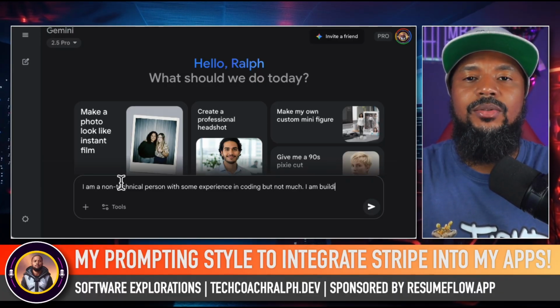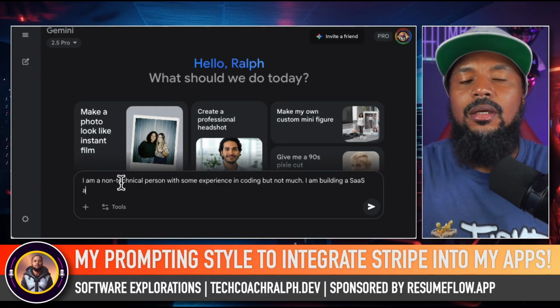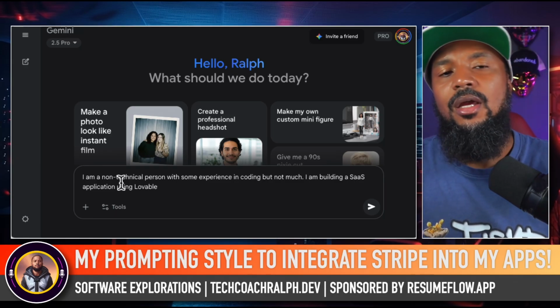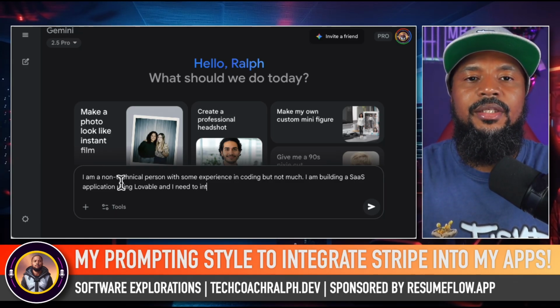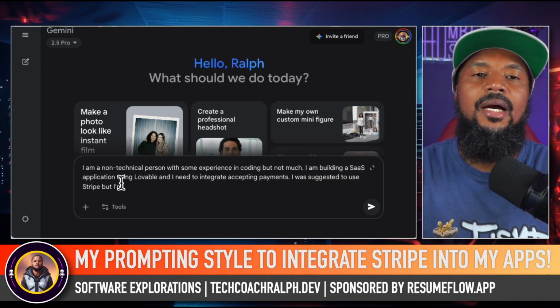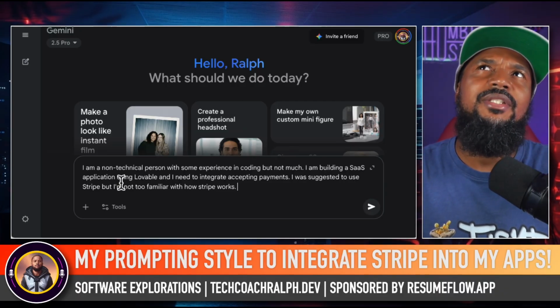I am building a SaaS application using, let's say, Lovable, because that's what I use, and I need to integrate accepting payments. I was suggested to use Stripe, but I'm not too familiar with how Stripe works.